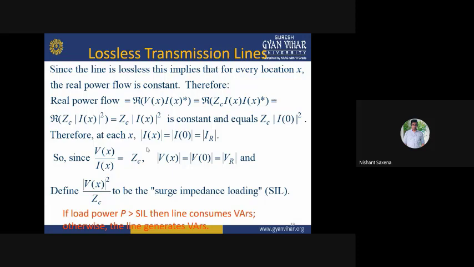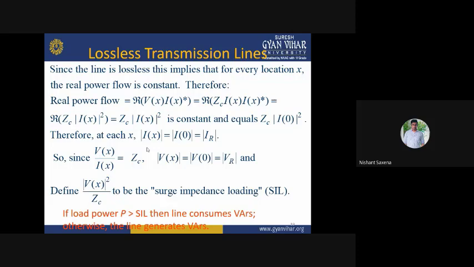Zc is a constant, and for x equal to 0 it is Zc times I0 squared. Therefore, for each value of x, Ix is equal to IR. If I substitute this, I get Vx equal to VR, and the power is mod Vx squared upon Zc, which is the surge impedance loading.